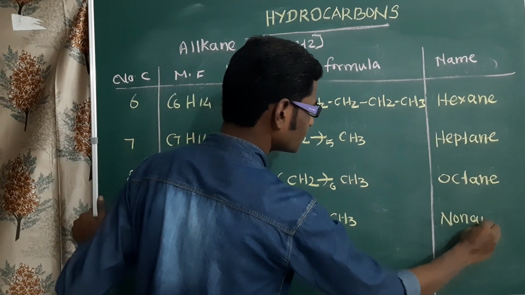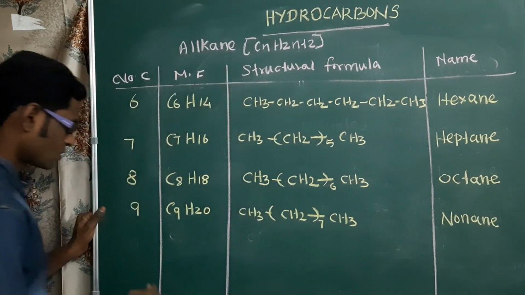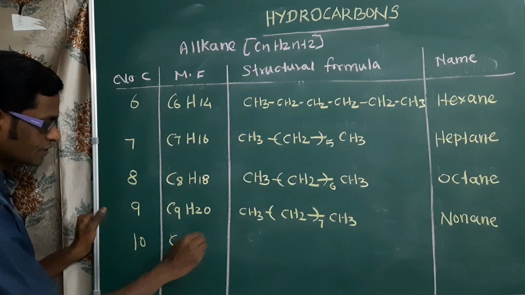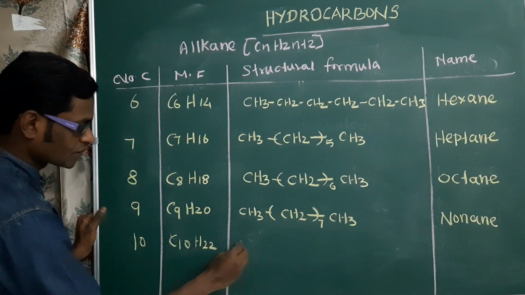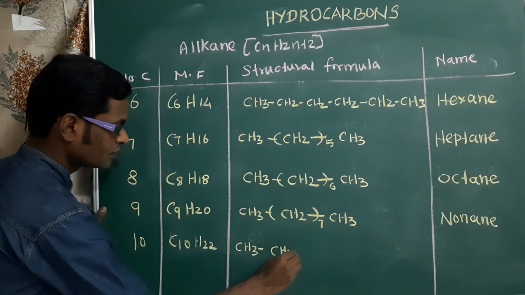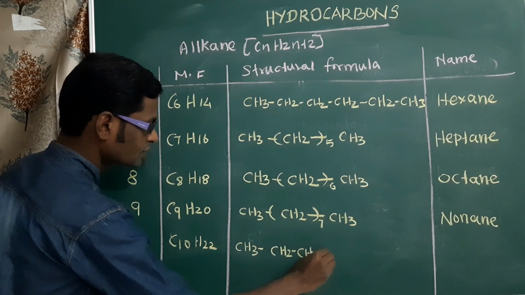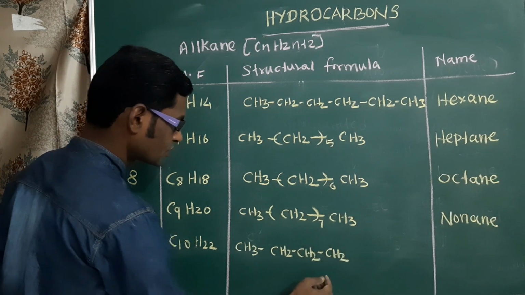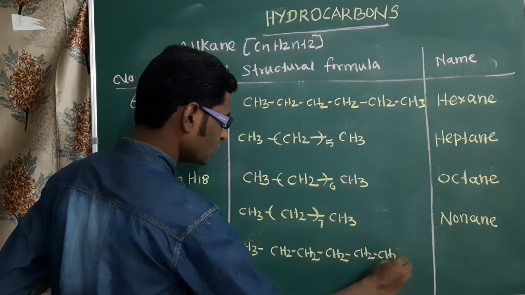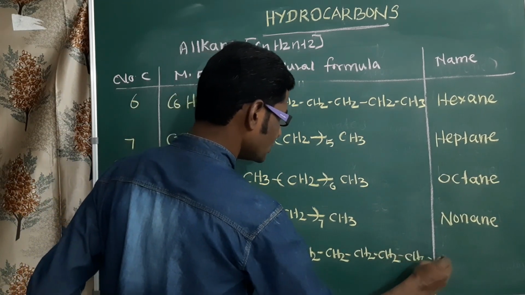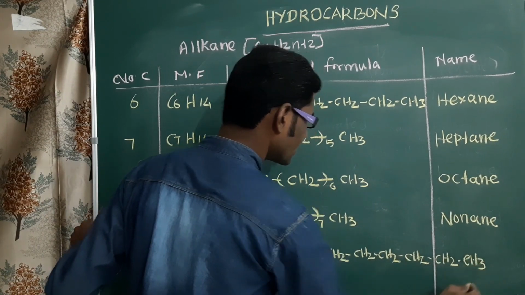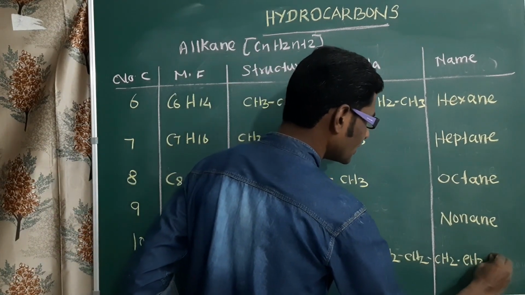Carbon number 10, molecular formula C10H22, structural formula CH3, CH2 8 times, CH3. 10 carbons are there. Name of the compound decane.